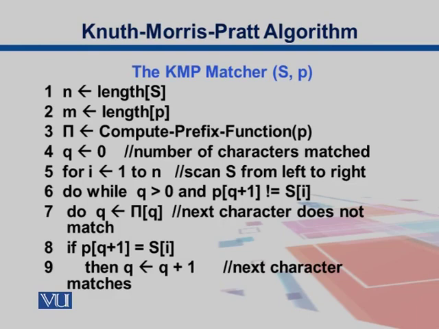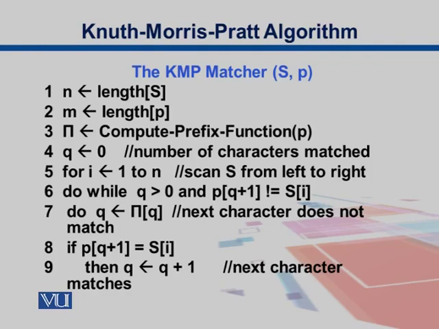We add a while loop, and the same way as in the prefix function, we check if q is greater than 0 and at the same time we found a mismatch. In that case, in q we put the prefix value which we computed earlier, pi at that q.